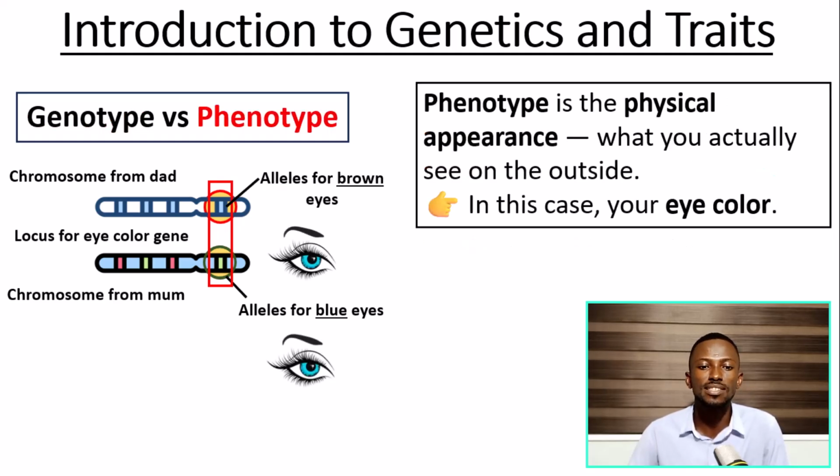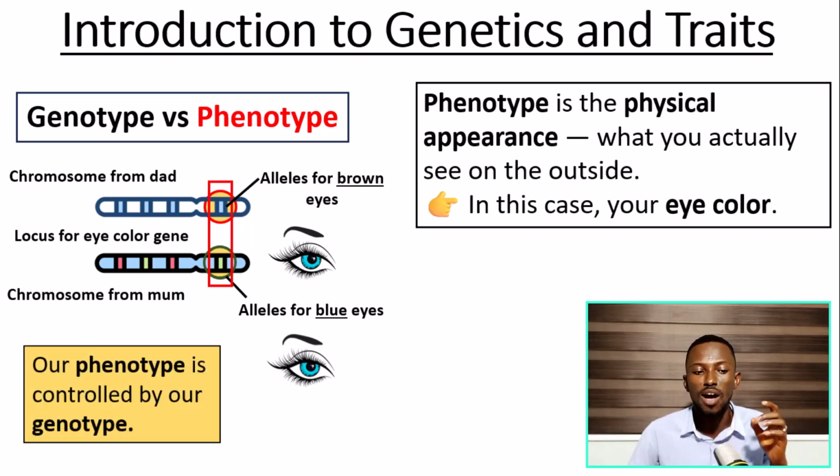So what is phenotype? Phenotype is the physical appearance, what we actually see on the outside. So the phenotype for us is the eye color that we see. And take note, our phenotype is controlled by our genotype.